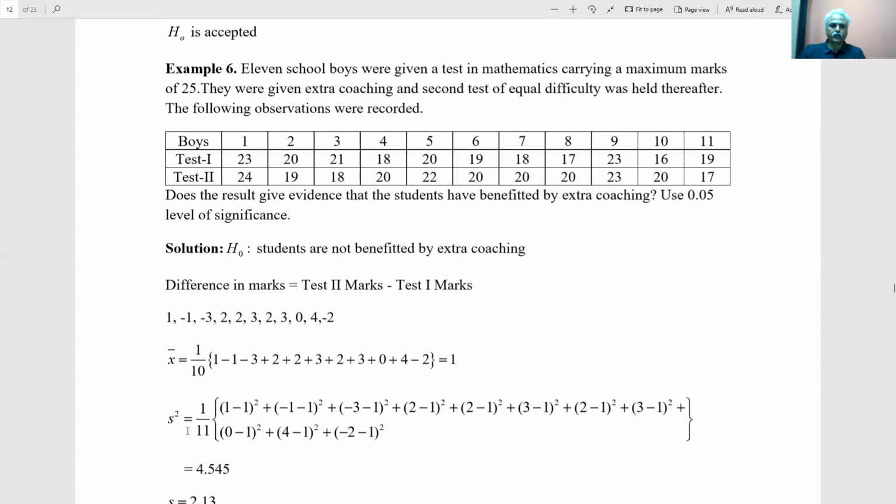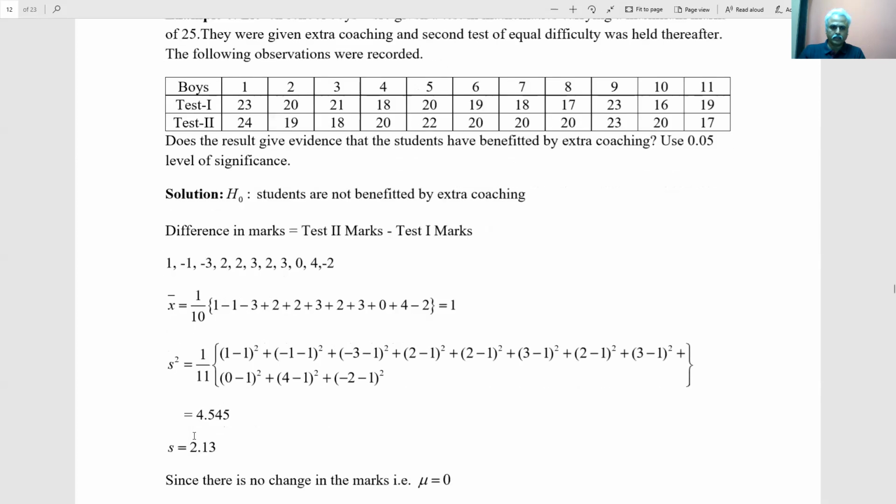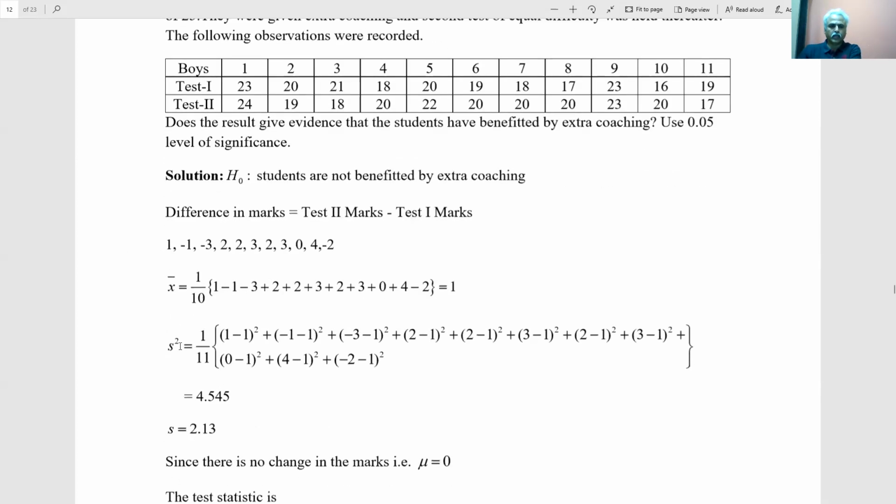So x bar is 1. Now the standard deviation: x minus x bar whole square for all these x values: 1 minus 1 whole square, minus 1 minus 1 whole square, minus 3 minus 1 whole square, up to minus 2 minus 1 whole square. The sum of all this divided by 11 is the standard deviation square for the sample. The square root of that is 2.13.